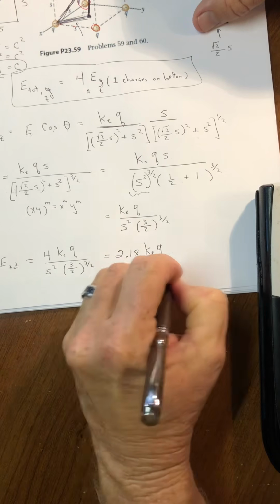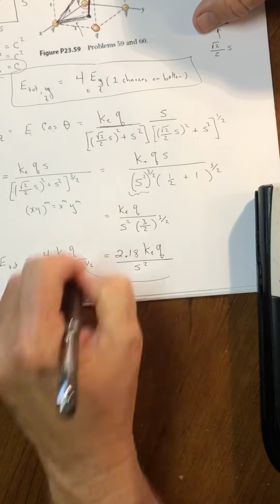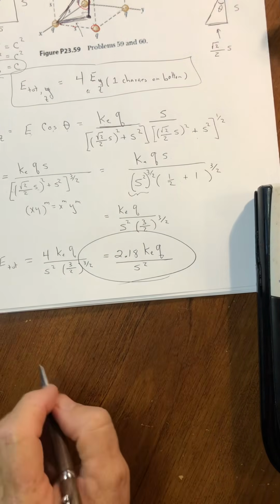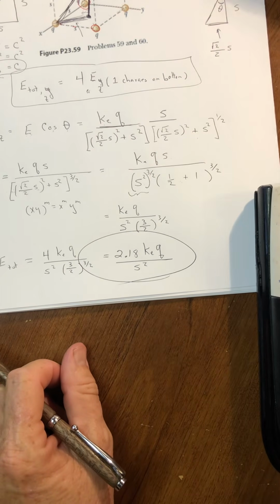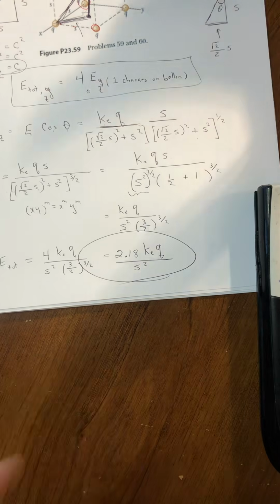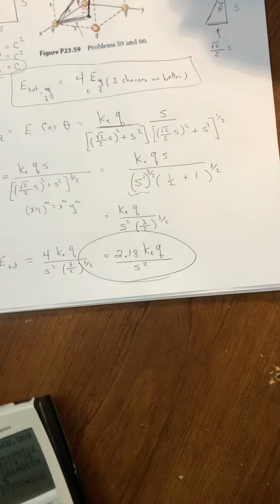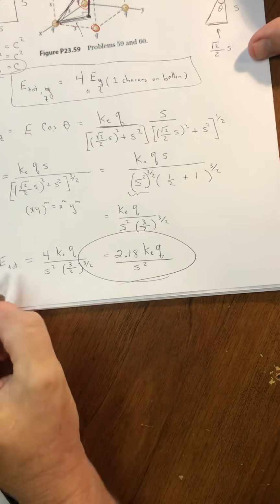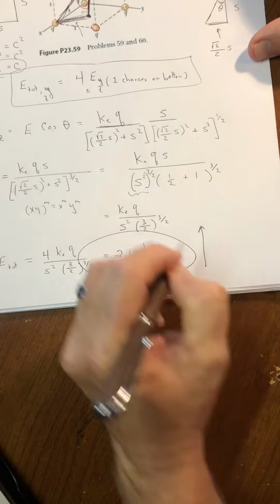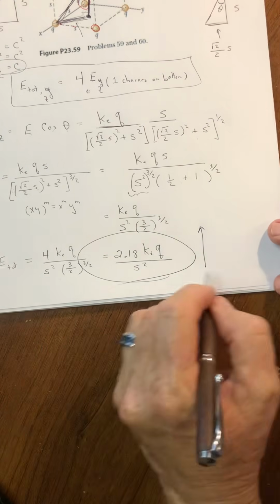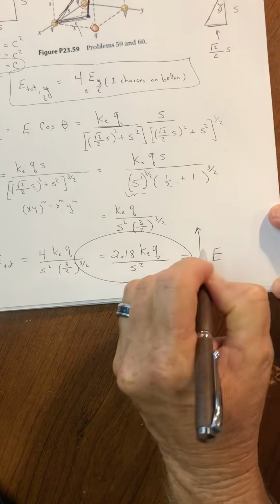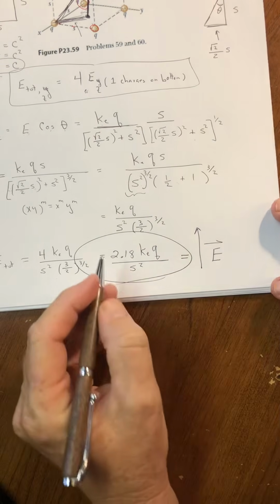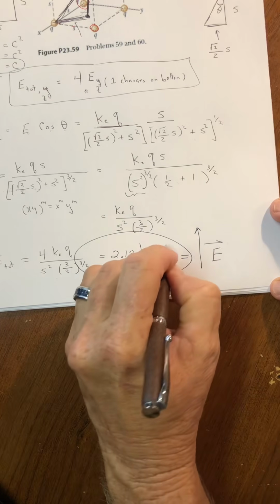Coulomb's constant times Q over S squared is what they say, show that that's what it should come out to be. So sure enough. And essentially, we've also answered B, because B says which direction. And so we're saying this is, you know, the up. Maybe to write it as a vector, we should say equals, and we can write it as a vector with a k hat.